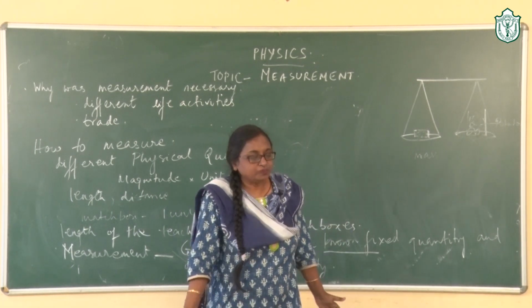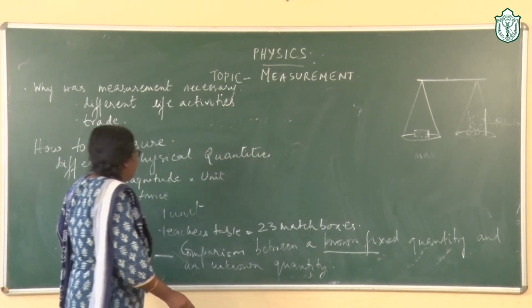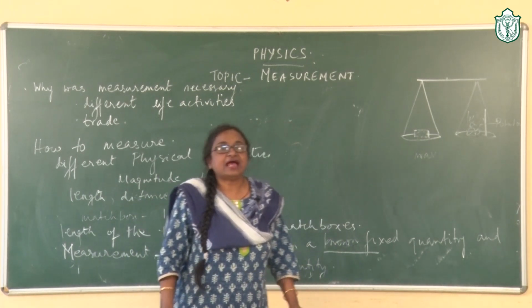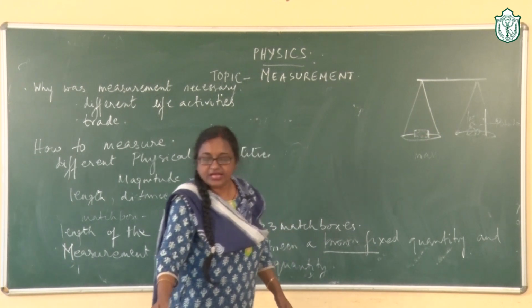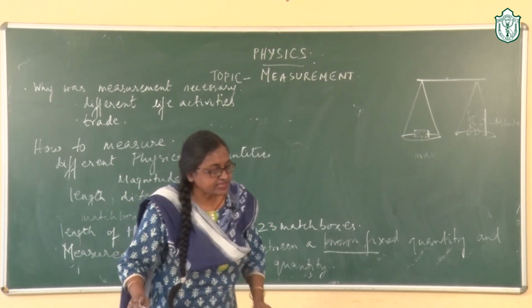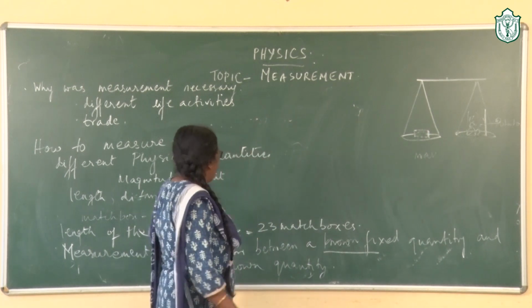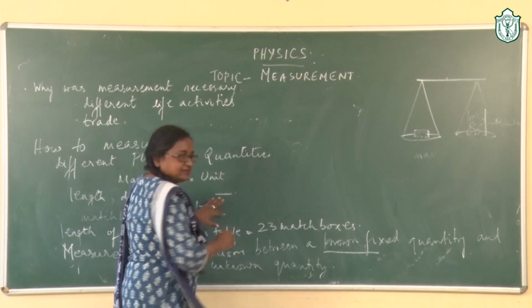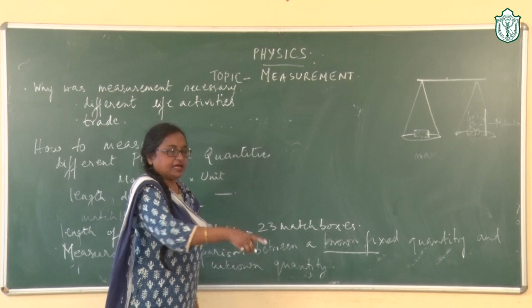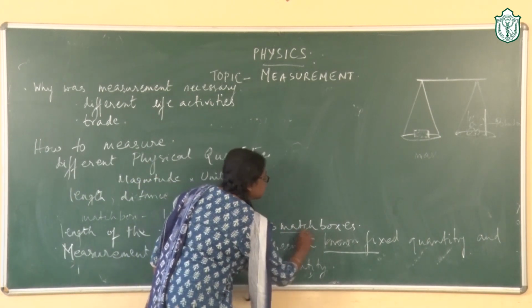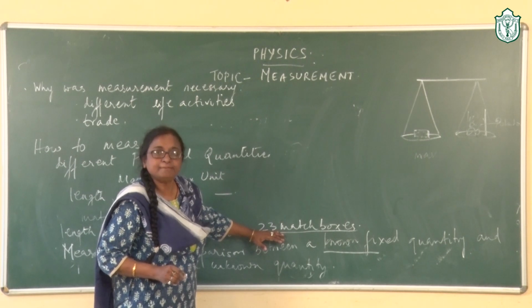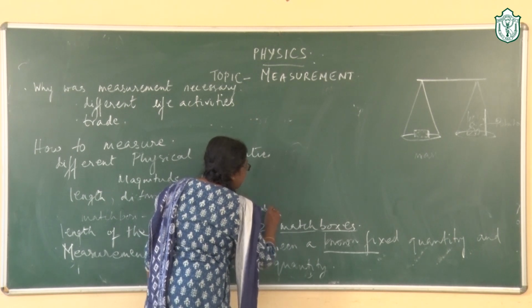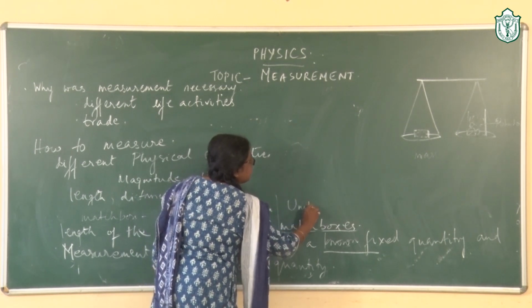So, measurement therefore is comparison between a fixed known quantity and an unknown quantity. Now, how is it expressed? In terms of length, it was 23 matchboxes. This was the number, this was the unit.